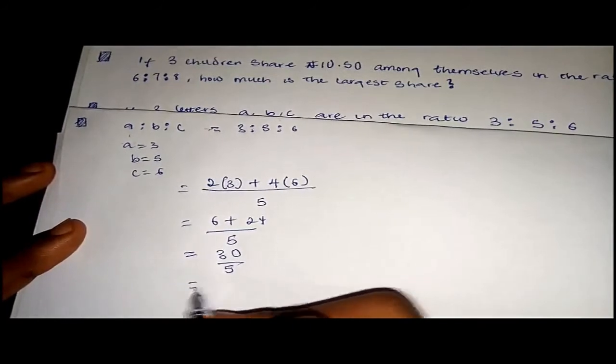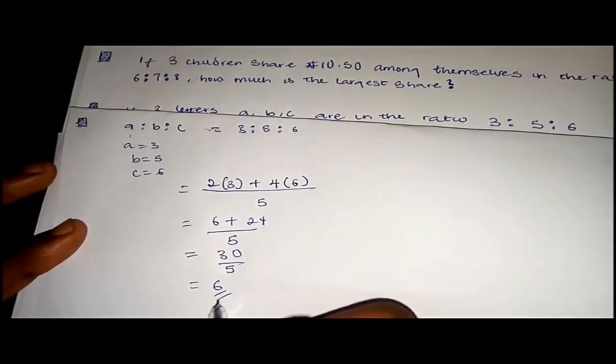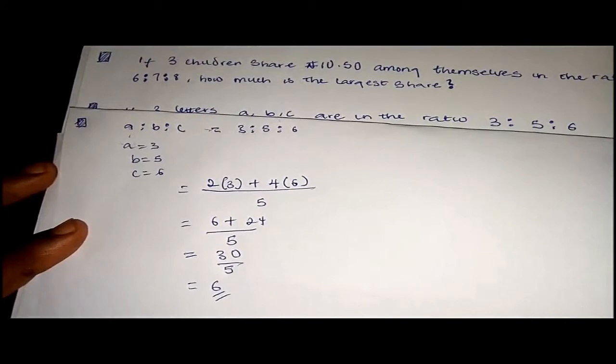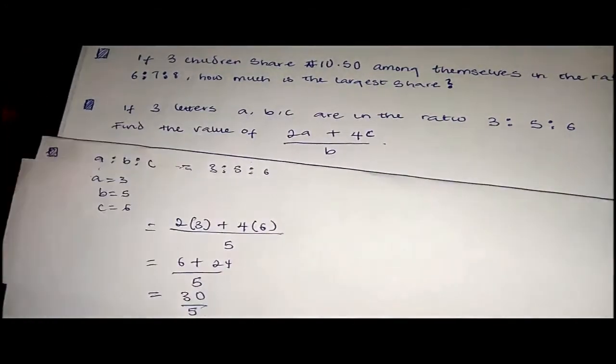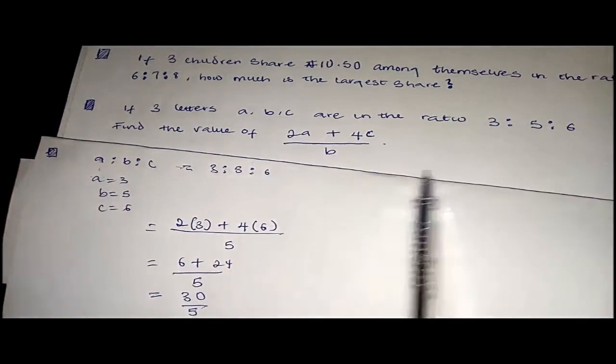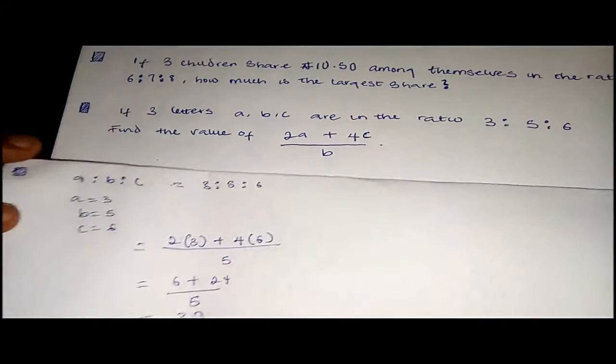Now our answer is actually 6. That is it. So that's just as simple as that. This helps you to understand that you can see examples like this, and this is how we solve it. You just equate it to the particular ratio, put it in the fraction, and solve.